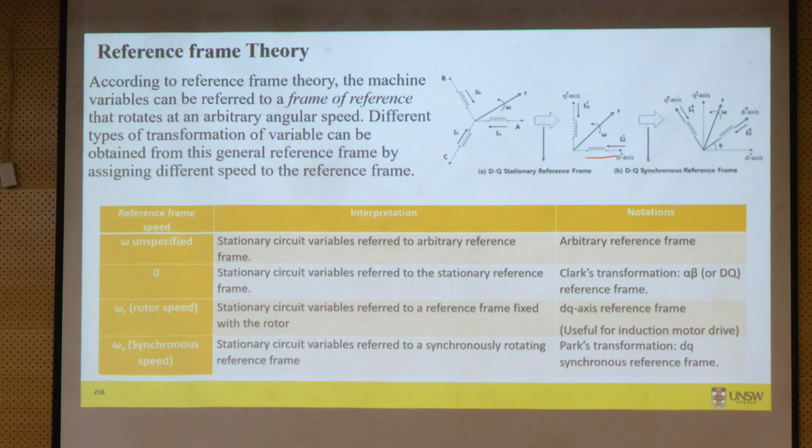Or if we say this DQ is rotating at an arbitrary speed, we get an arbitrary reference frame. And we can easily transform from one frame to another; it is all mathematical transformation only.